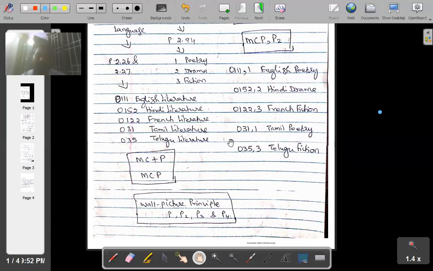After 2 P's, which P is to be written first and which one second? So there is a principle called the wall picture principle that decides language is the first component. Without language, no literature can be produced. So language is the first one.